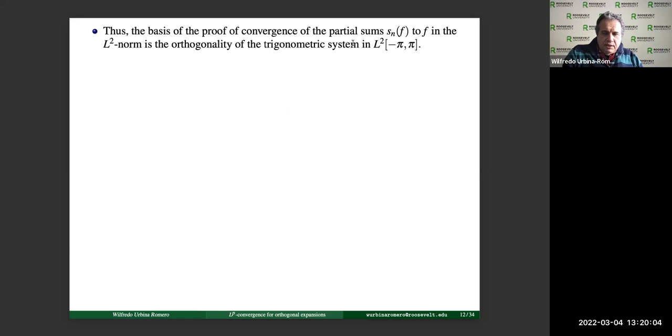So this is the basis for the proof of convergence of the partial sums, then is the orthogonality of the trigonometric system.